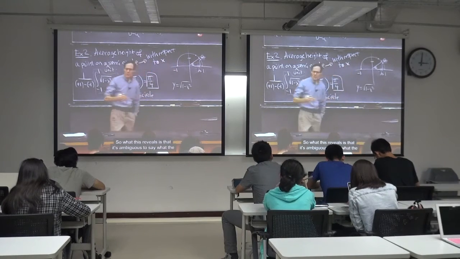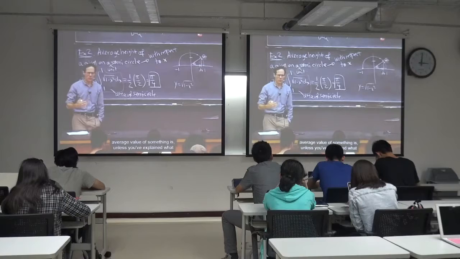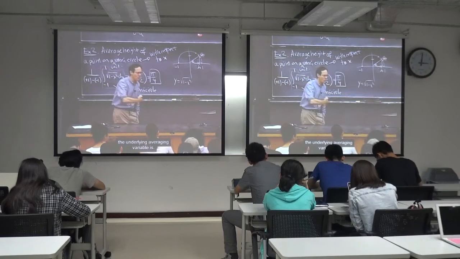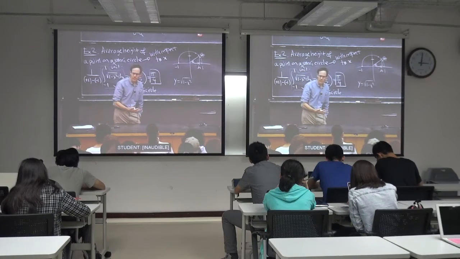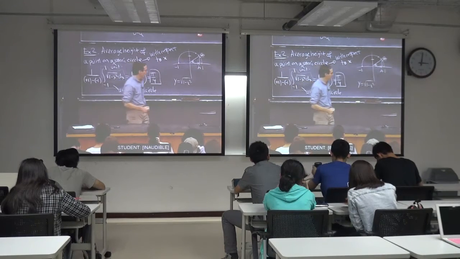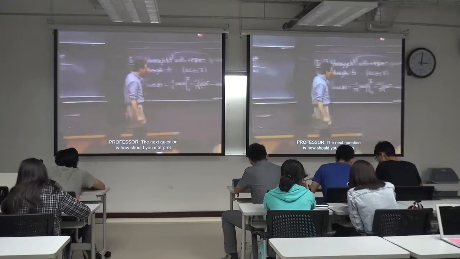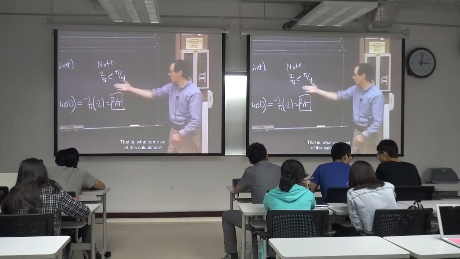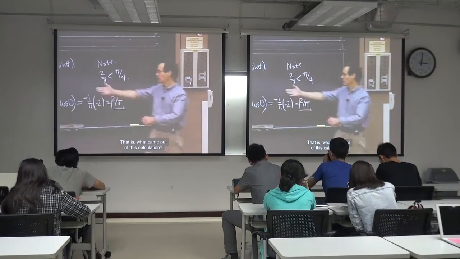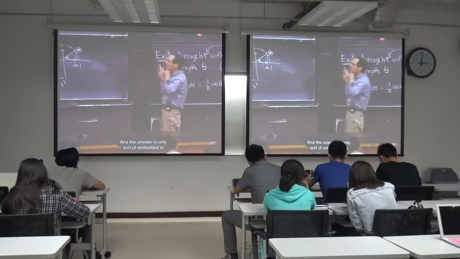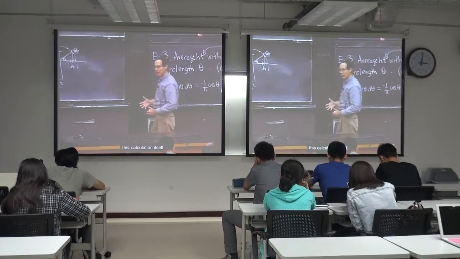So what this reveals is that it's ambiguous to say what the average value of something is unless you explain what the underlying averaging variable is. Then the next question is, how should you interpret this value that came out of this calculation? And the answer is only sort of embedded in this calculation itself.